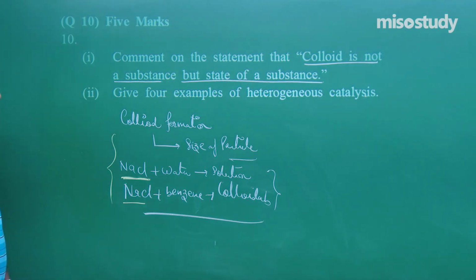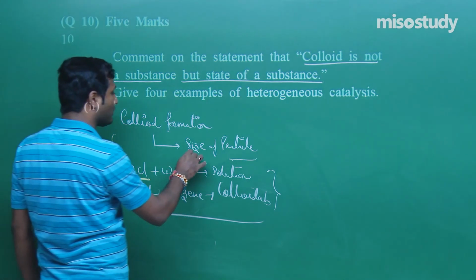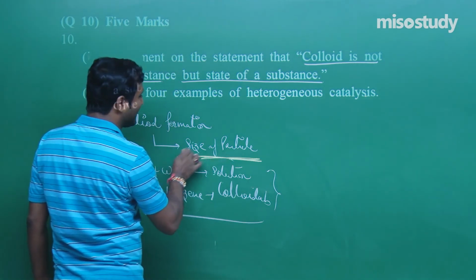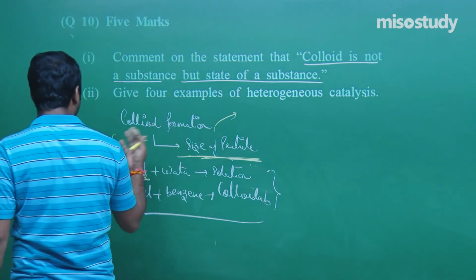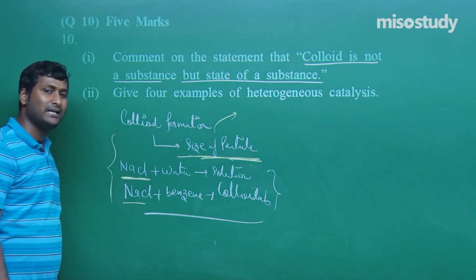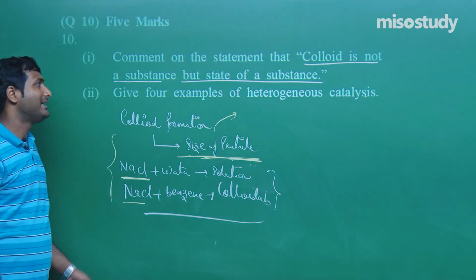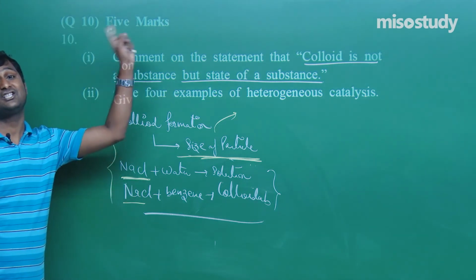Again I am repeating, colloid is not a substance because colloid formation depends upon the situation and the size of the particle. If the size of the particle lies in the colloidal particle range, then it forms a colloid. That is, it is not a substance but a state of substance.